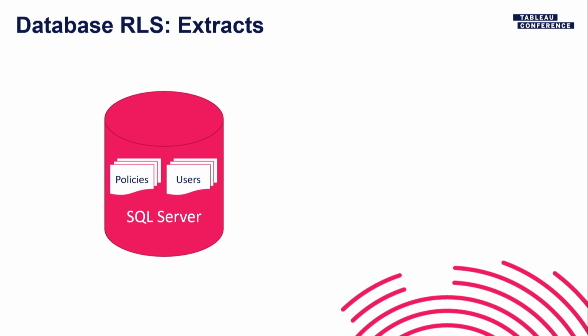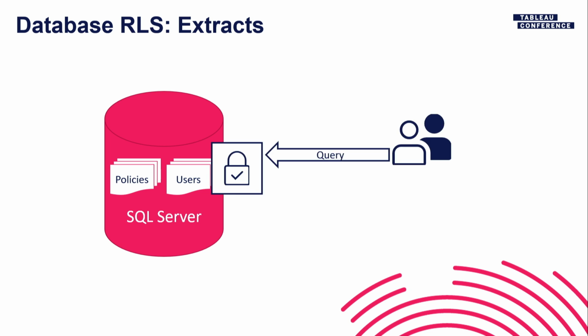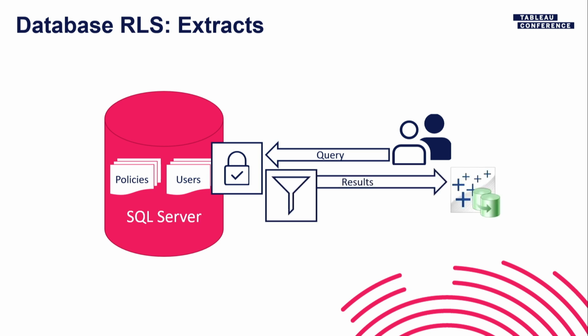So how does database RLS work with extracts in Tableau? Now, the caveat here is when you make that query coming from Tableau to your SQL server or whatever, the data is going to be filtered when it comes back. So when you build that extract in Tableau, the data is already filtered. And all the extract is going to contain is the data that you were specifically allowed to see when you made that query.